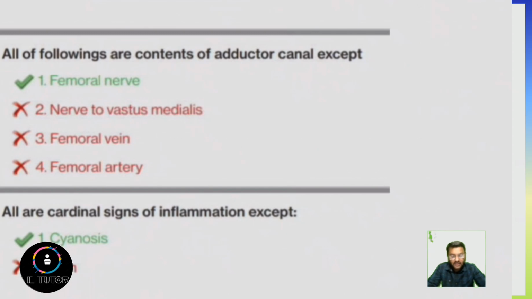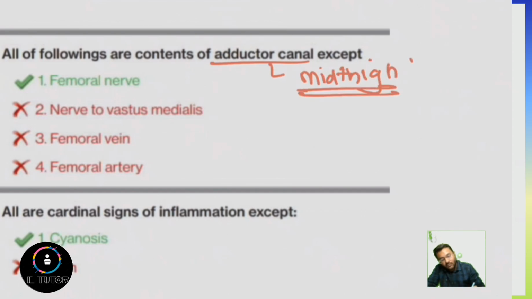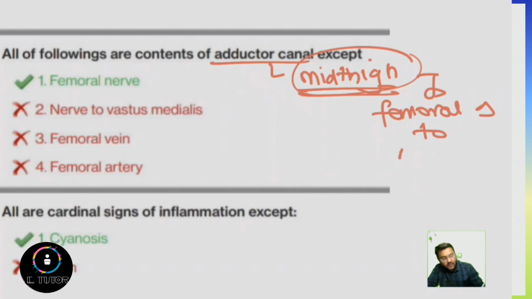All the following are the contents of adductor canal except. So adductor canal is present in the mid-thigh region. And it extends from femoral triangle to adductor hiatus.